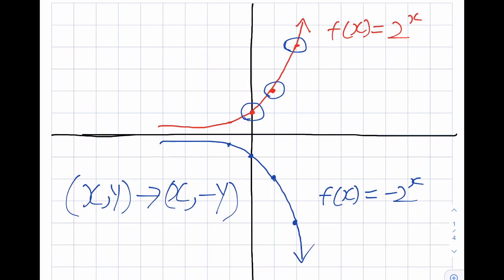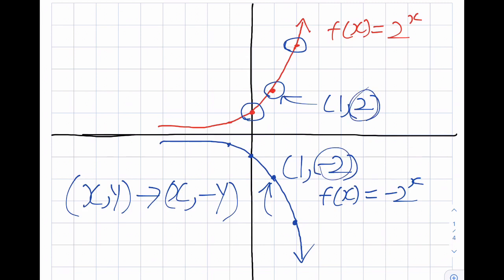So for example, this point right here is (1, 2), but if we reflect it in the x-axis, we will get to this point, which is (1, negative 2). So our y value just got a minus sign added to it.